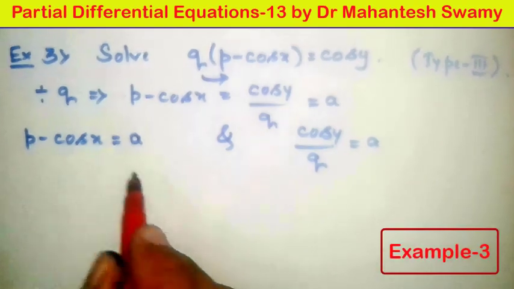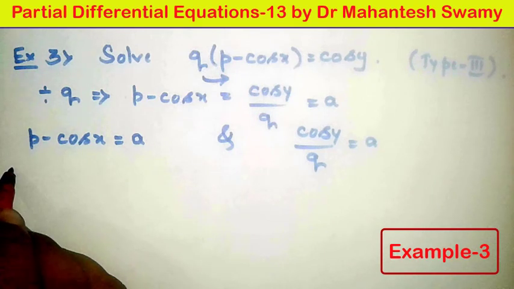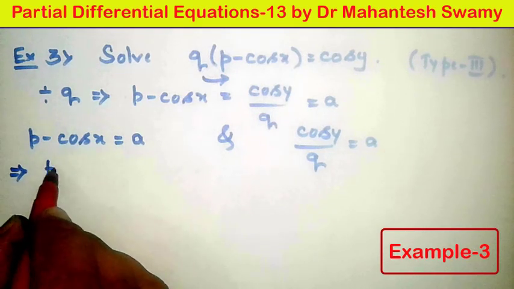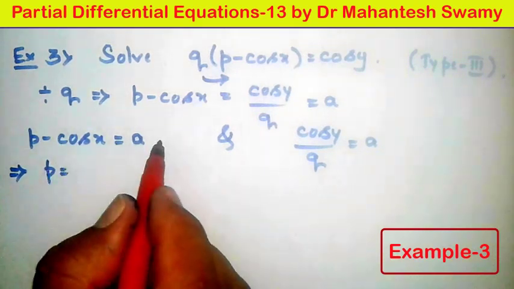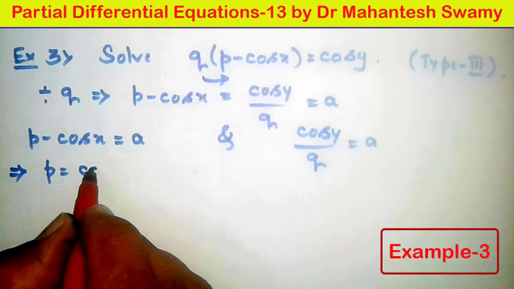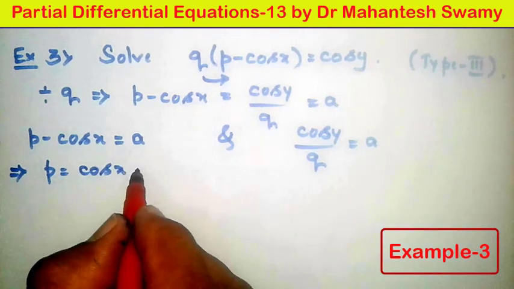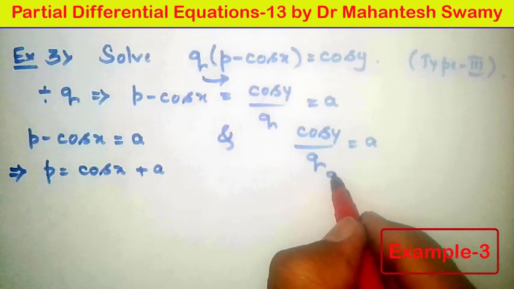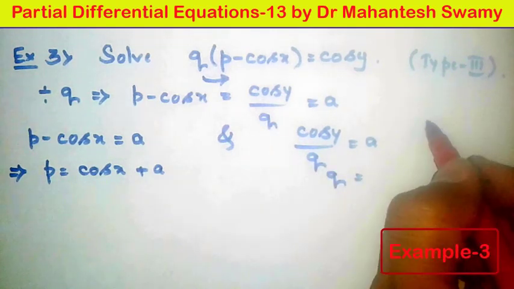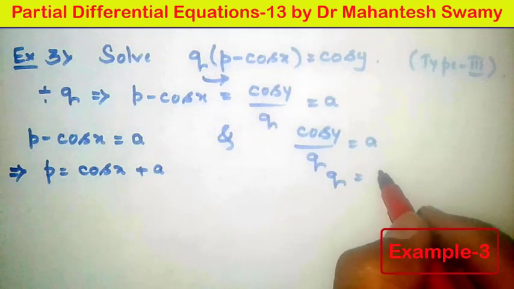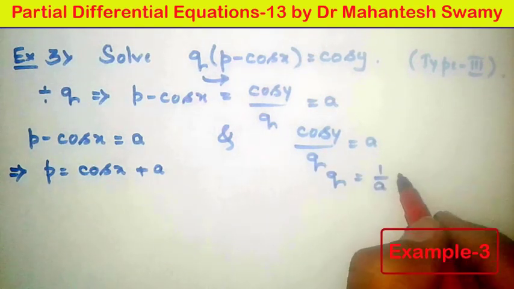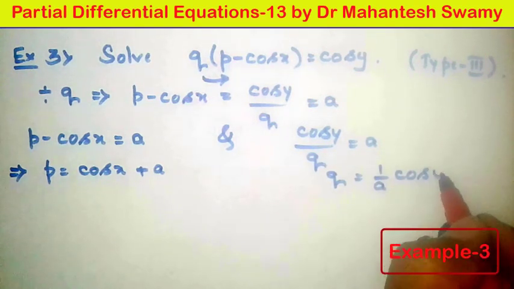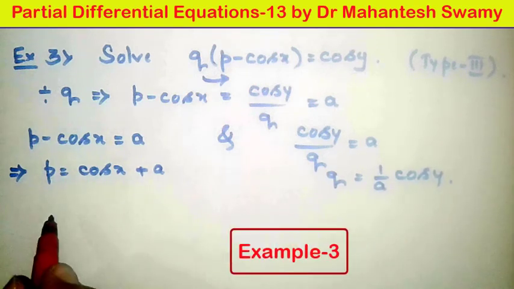So after having these two equations in hand, it is very easy to get the value of p from the first equation, that is cos x plus a, or a plus cos x, whatever you want you can write down, and here q equals, on cross multiplication q goes here and a comes here, that is 1 by a into cos y remaining on the right hand side. So we got the values of p and q.